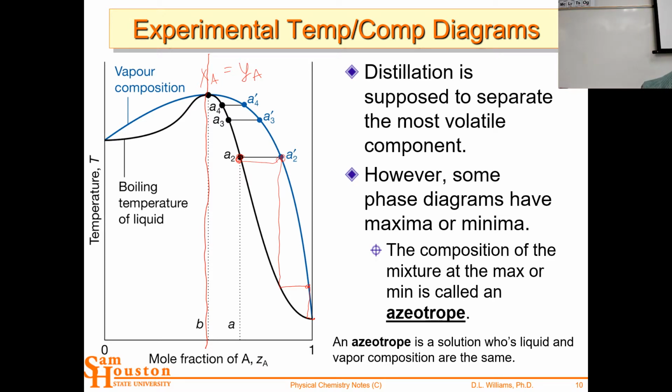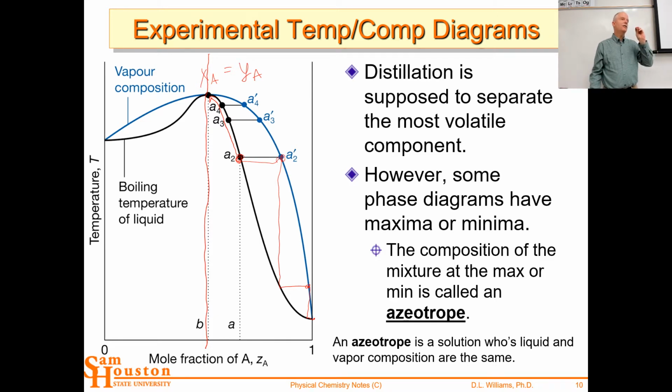If I kept boiling this, I would boil off all the excess A, and this would creep up until my pot boiling temperature was the azeotropic boiling temperature, and my condensate would stop coming out.